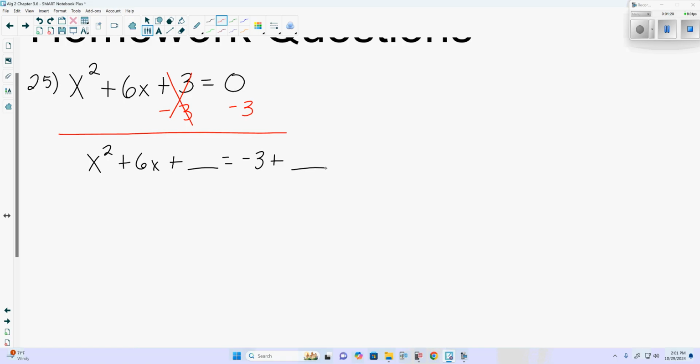Our third step is to find the value of c. That would be b over 2 squared, so 6 over 2 squared.